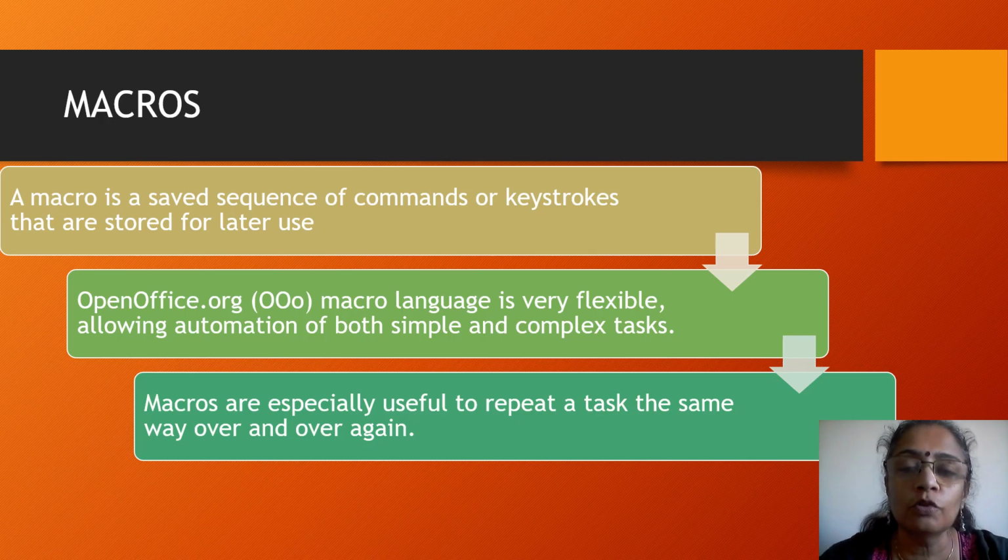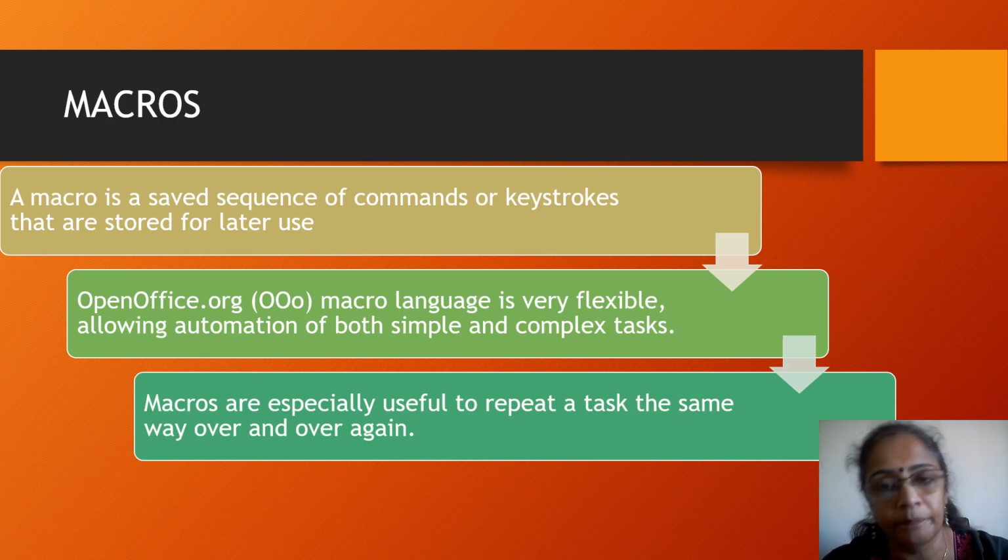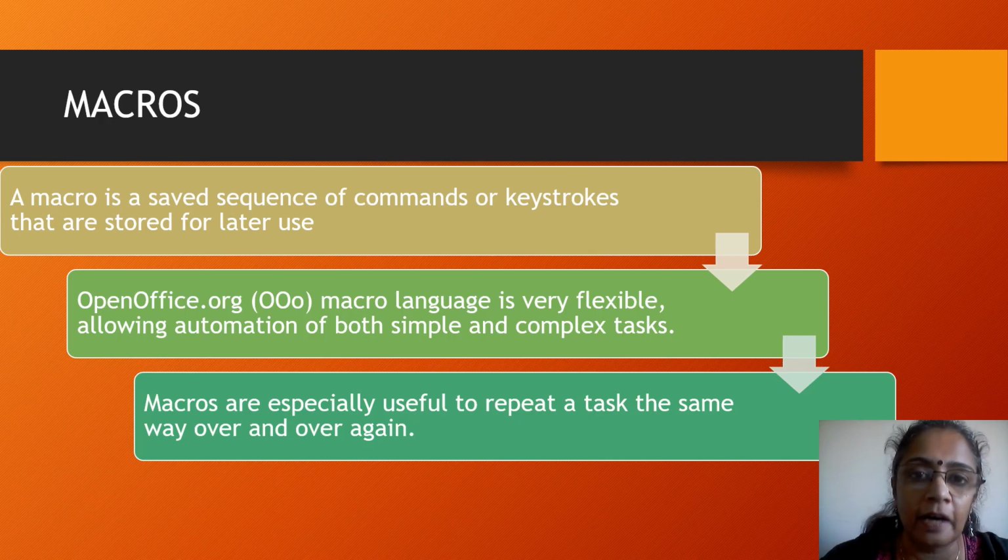So we can use these macros to do very simple as well as complex tasks, because the macro language is very flexible and allows us to make a lot of our own tasks and functions. Macros are especially useful to repeat a task the same way over and over again. So this is what is called a macro.